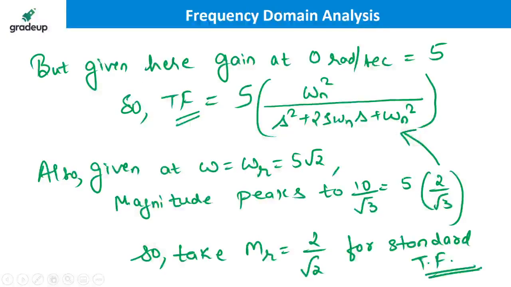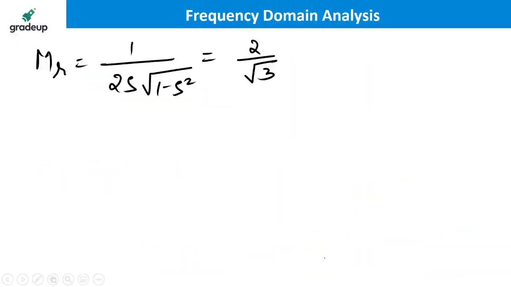From here you will get zeta, and then use the omega r formula to get omega n. So you will get the transfer function.